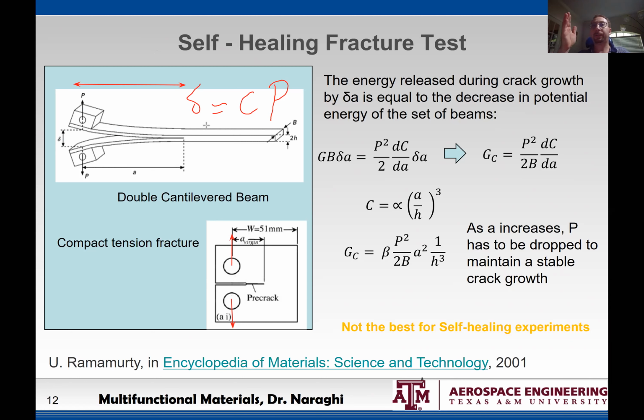The critical P has the information you need, after you measure the geometry, to calculate the critical energy release rate. And this is what I'm going to do for you. And at the end, I tell you why this is not the best experiment for self-healing.